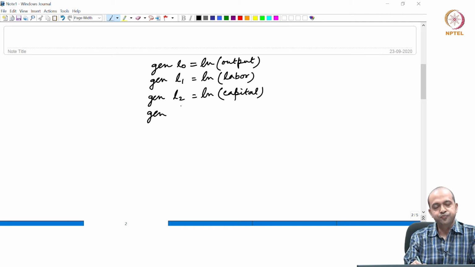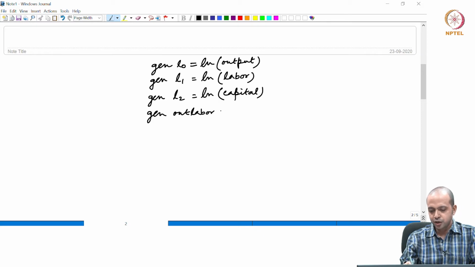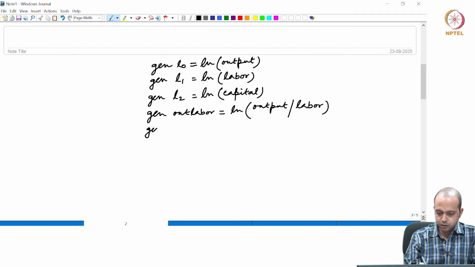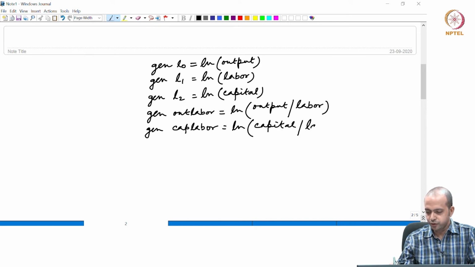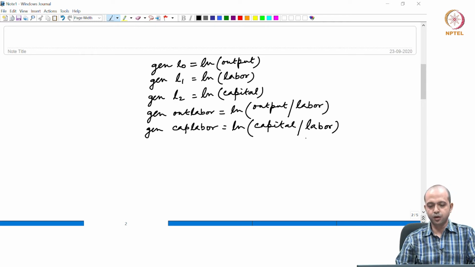Gen, let us say output divided by labor, which I am naming out labor, equals log of output divided by labor, and gen cap labor equals log of capital divided by labor. So using this gen command, you can easily convert the variables from level form to their log form, right.